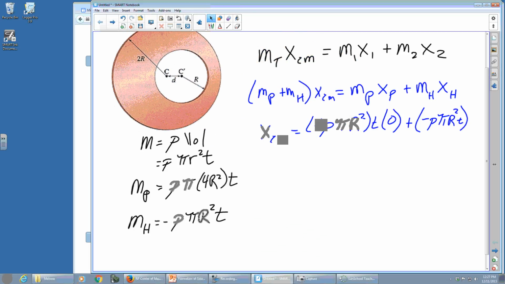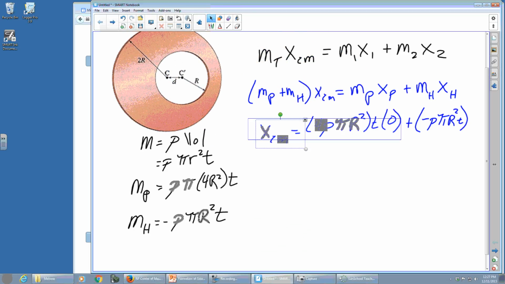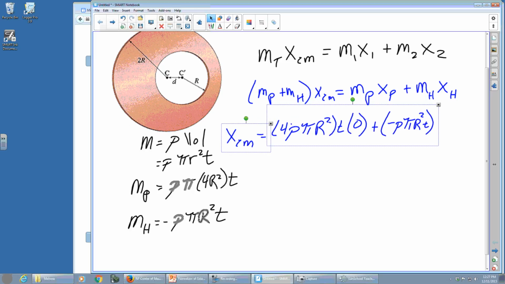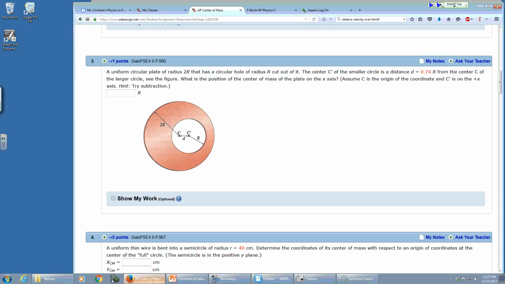Whoops. I want to grab this and move it over just slightly. And then this is the number that's different for each person.